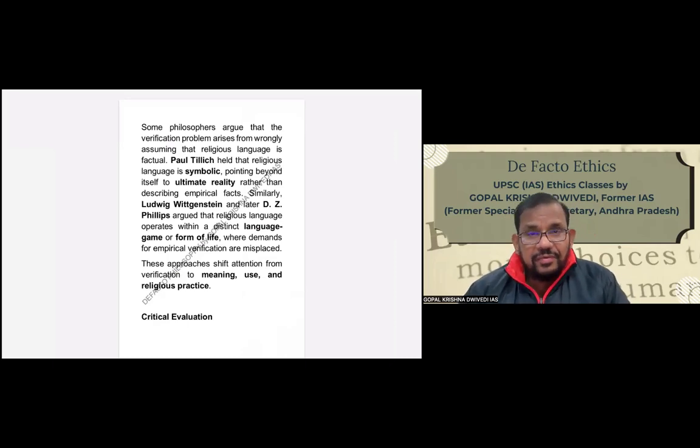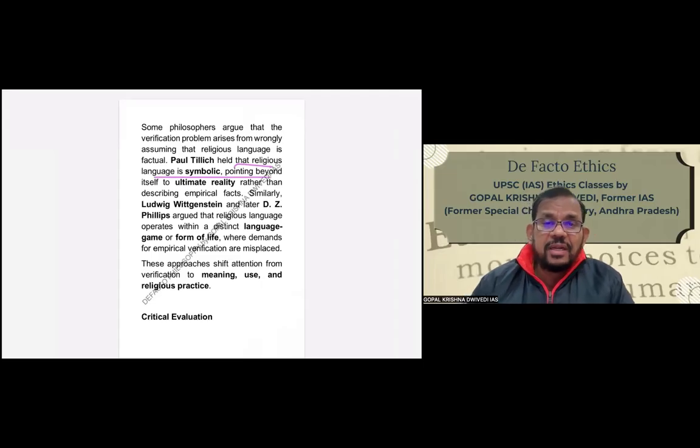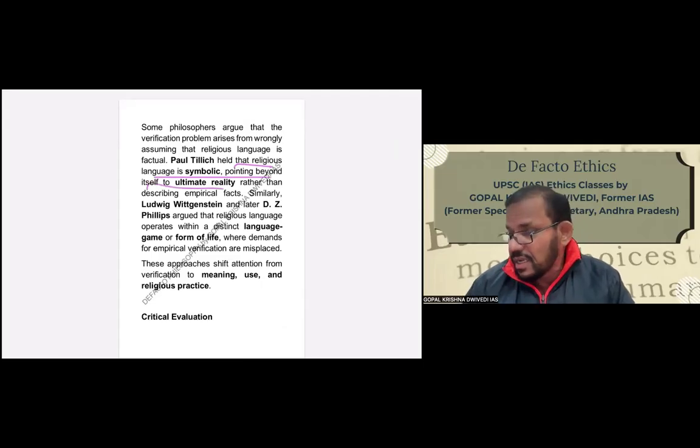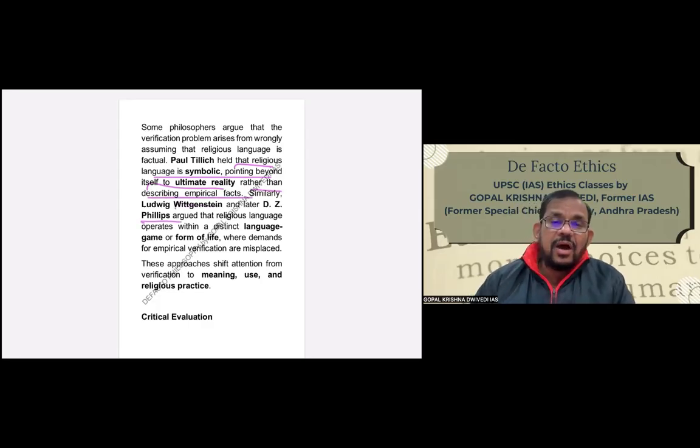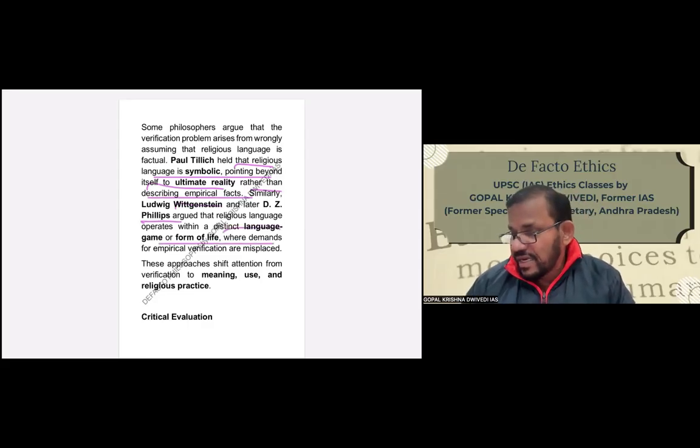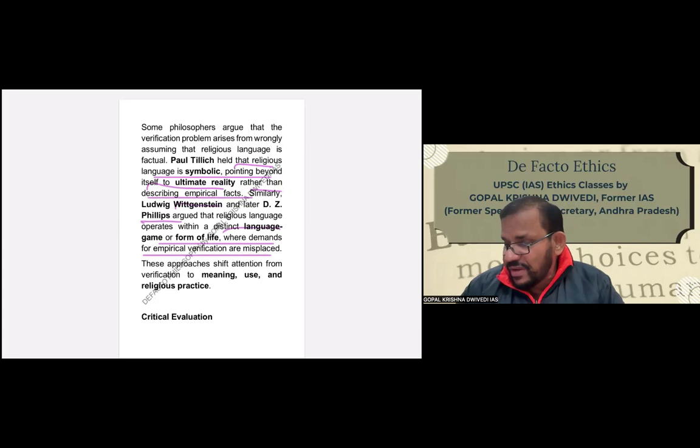Paul Tillich has given the symbolic theory. He says that religious language is symbolic, pointing beyond itself to ultimate reality, rather than describing empirical facts. Similarly, Wittgenstein and Phillips argued that religious language operates within a distinct language game or form of life, where demands of empirical verification are misplaced, actually not required.